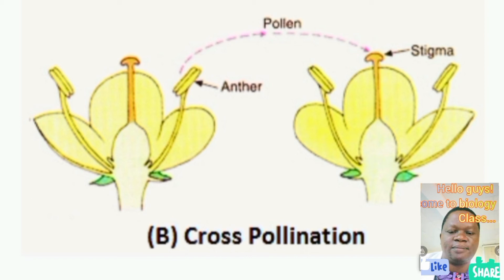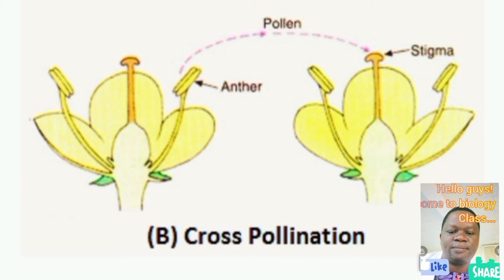There are also advantages of cross-pollination. One such advantage is that cross-pollination is beneficial to the race of the plant as it introduces new genes into the lineage as a result of the fertilization that takes place between genetically different gametes. Because the fertilization is between varieties of plants, it introduces new genes.